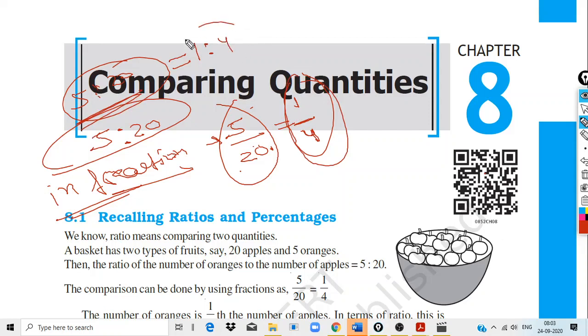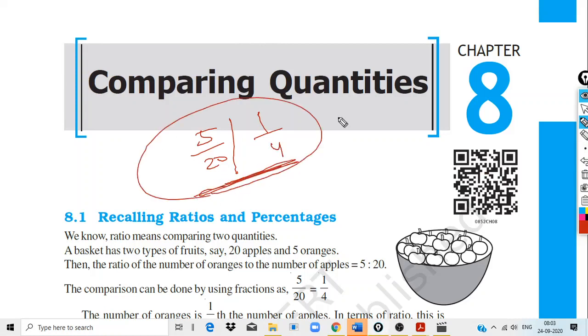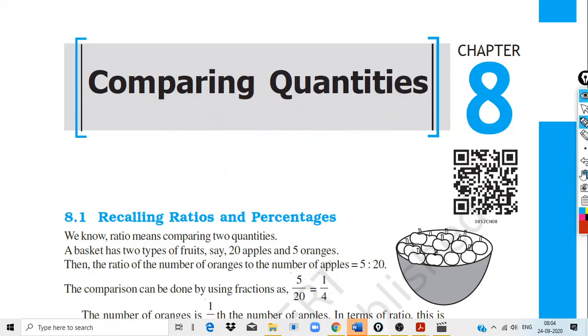1 is to 4. Okay, and also you know how to convert fractions. Suppose 5 is to 20 is there, or 1 by 4 is there. You know how to convert these fractions into percentages. We learned it in class 7. So let's see how we can write 5 by 20.